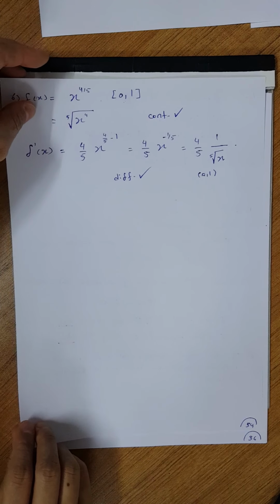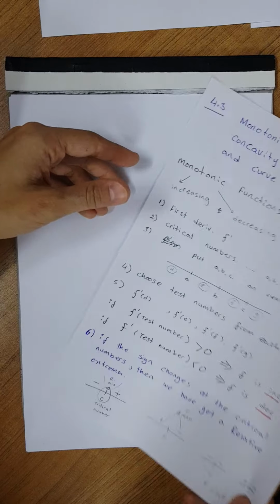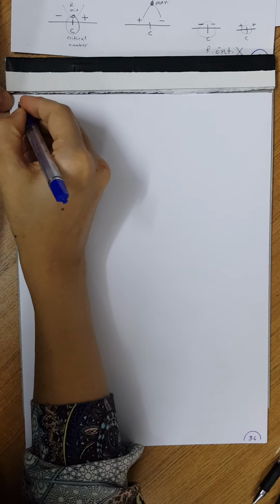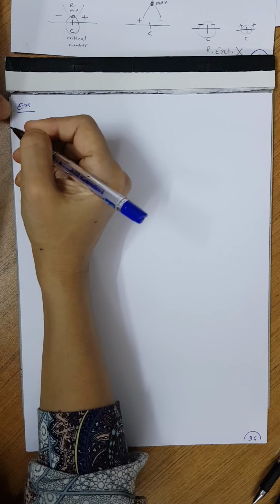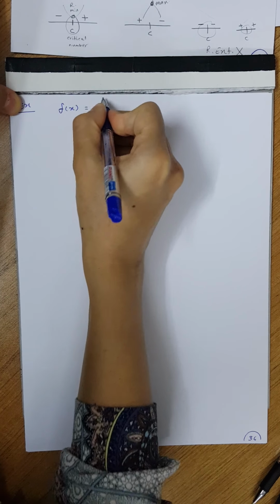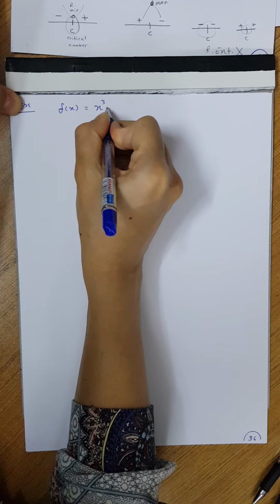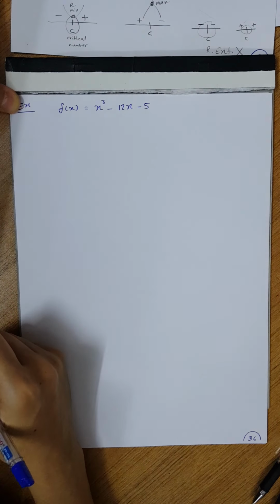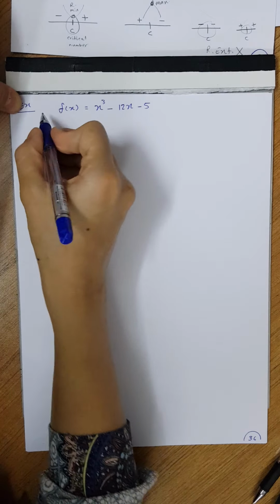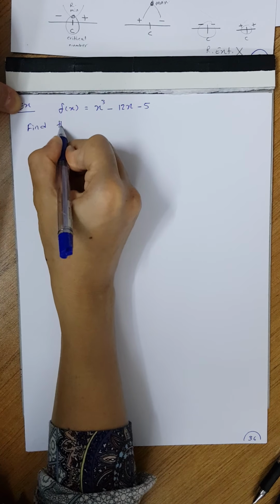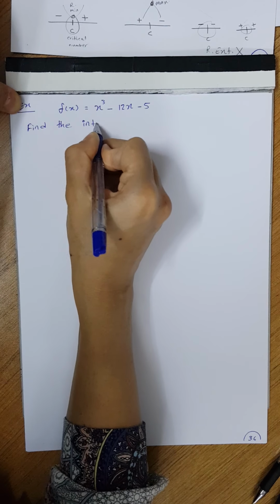We're given a function here. I'm given an example. We have f of x equal to x to the power of 3 minus 12x minus 5. Find the intervals of increase and decrease. Although it doesn't say it like that, I will change the question.